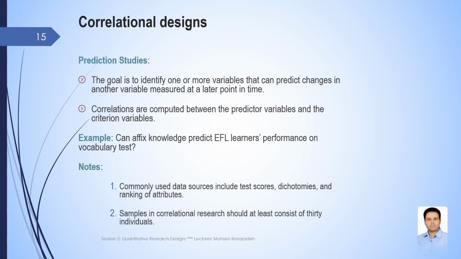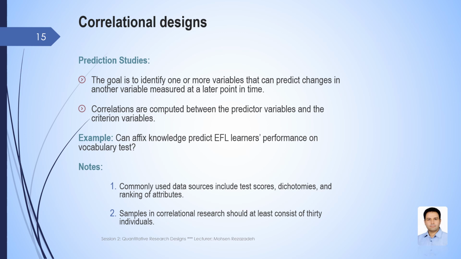Whenever you want to run a correlation in prediction studies, you need to have at least 30 participants in each of the groups. In fact, predictions are dependent on the outcome of a strong relationship between or among the variables.